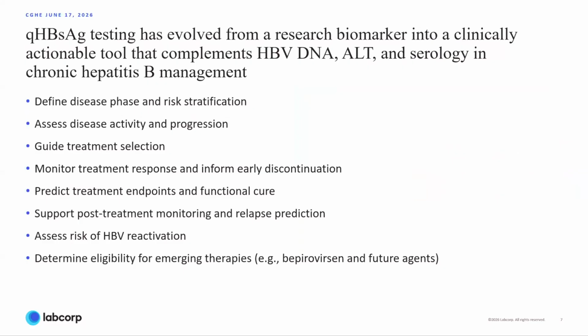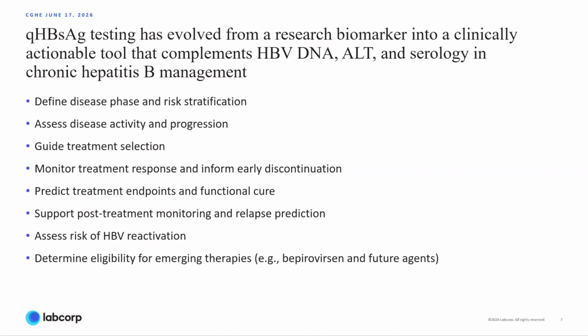This was well covered by the three previous speakers. Just the utilization of Hep B quant assay has evolved from a research biomarker into a more clinically actionable tool, along with the other markers, the Hep B DNA, ALT, and other serology. And I've just listed here what you've already heard.